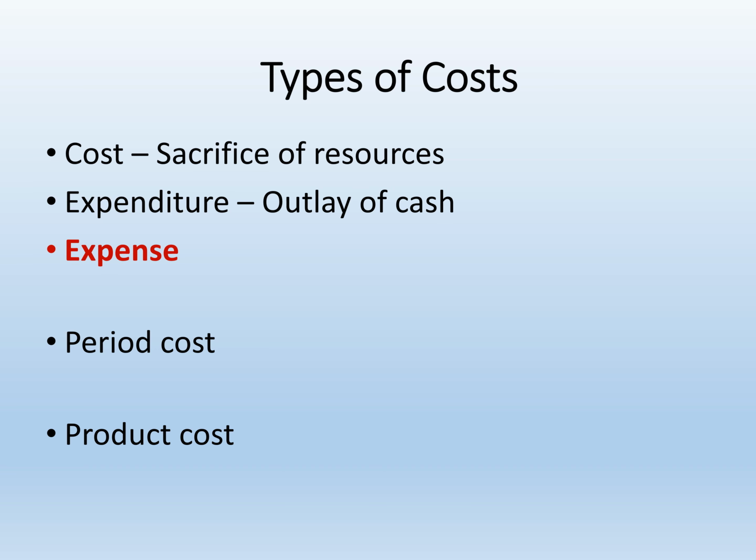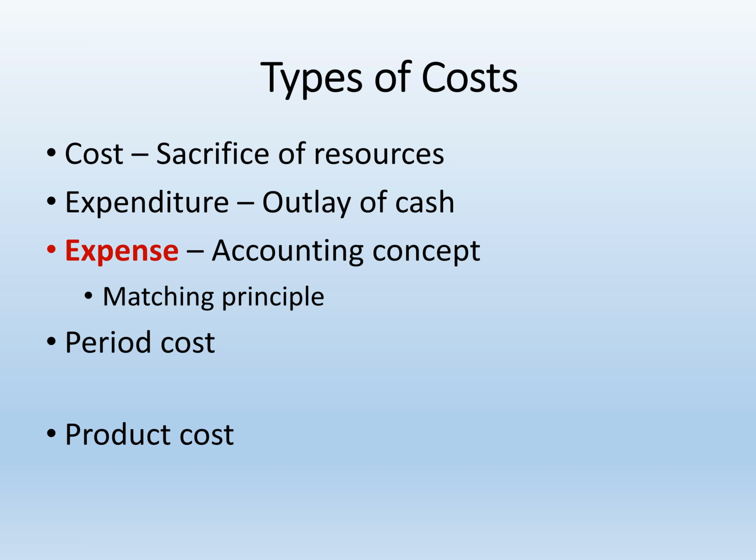The word expense also comes from the word spend, but it's an accounting concept that's ruled by the matching principle, which says that you have to match your firm's expenses to the revenues that they help to generate.